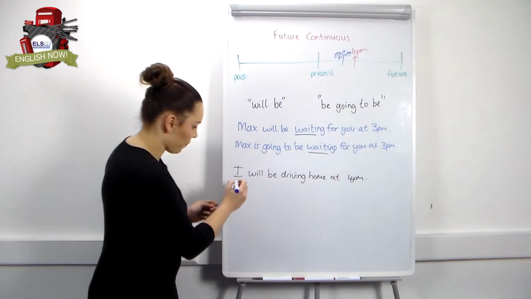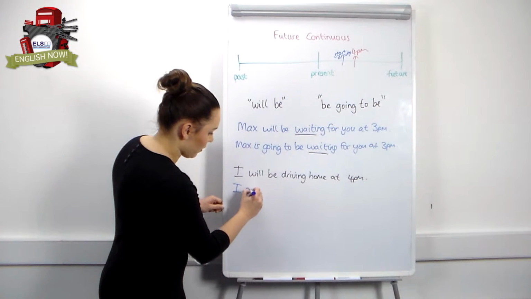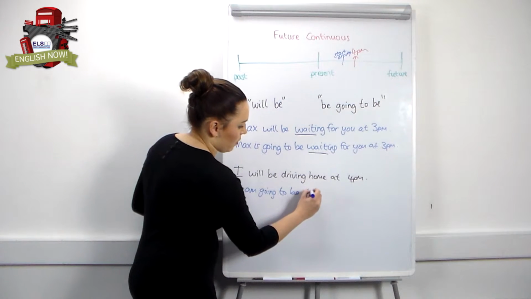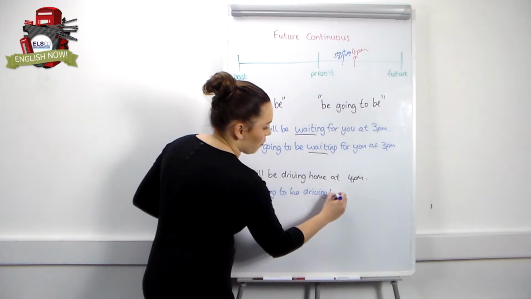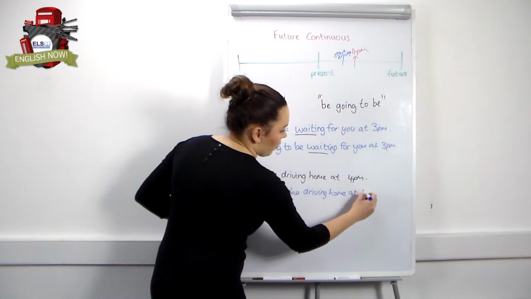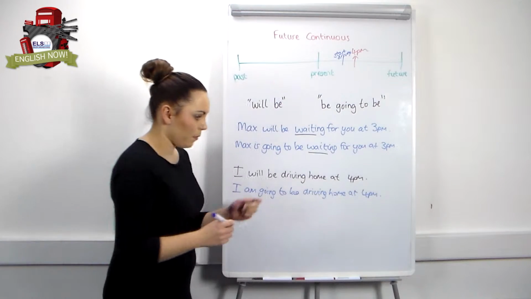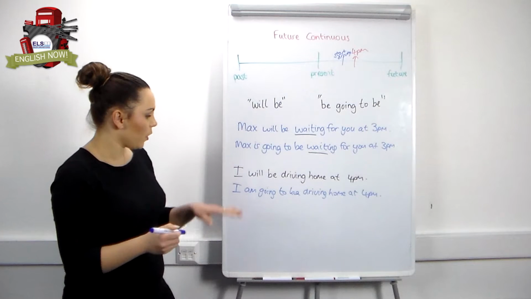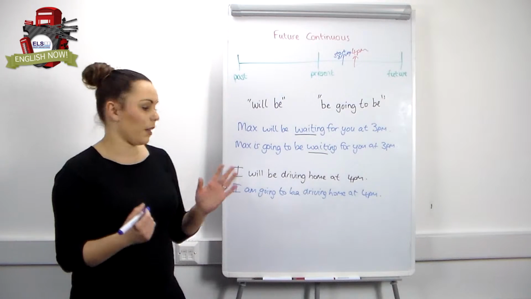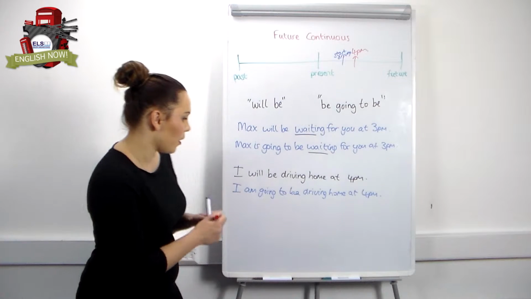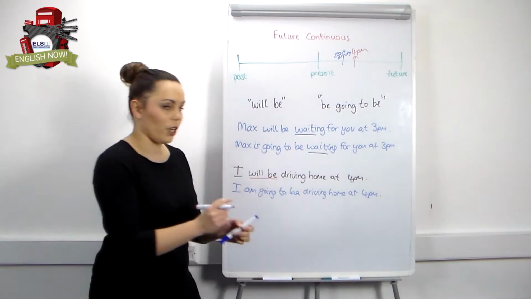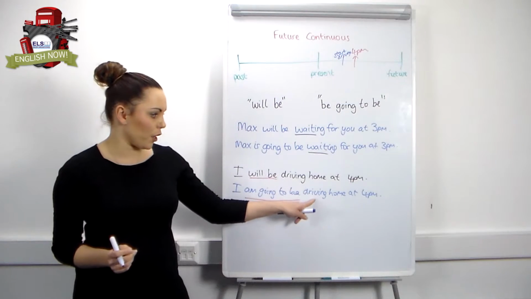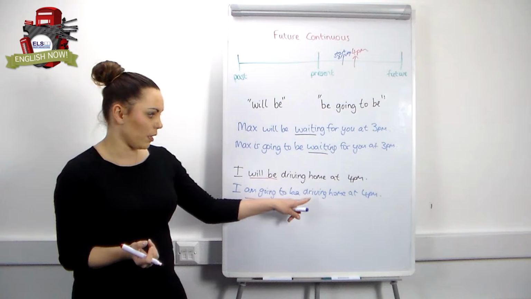And we could say, I am going to be driving home at 4 p.m. These sentences both have the same meaning. We start our sentence with our subject, then we have our future words, then our verb with ing, driving.